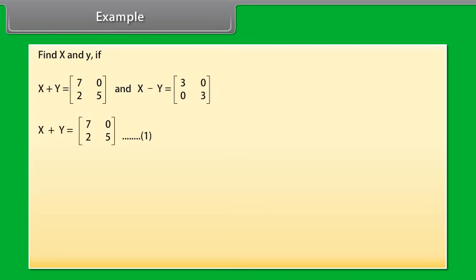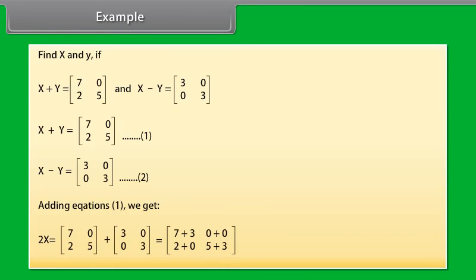Solution: given X plus Y and X minus Y, mark them as 1 and 2. Now add equations 1 and 2, we get 2X is equal to the matrix, row-wise: first row 10 0, second row 2 8. Therefore, X is equal to the matrix, row-wise: first row 5 0, second row 1 4.